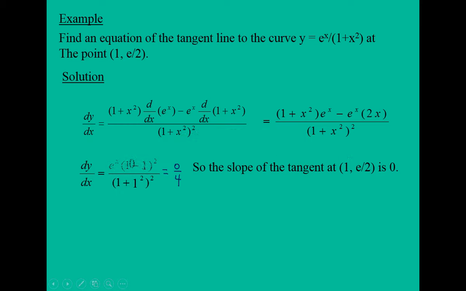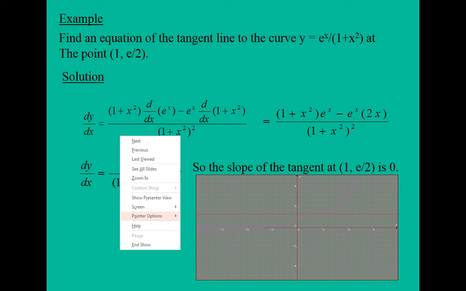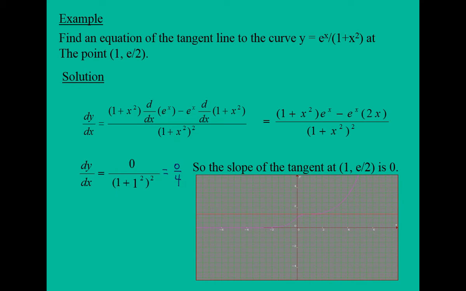So we have the slope of our tangent line. If we now used y equals mx plus b to find the equation of the tangent line, we have our slope, and to solve for b, we could now plug in the point 1, e over 2.